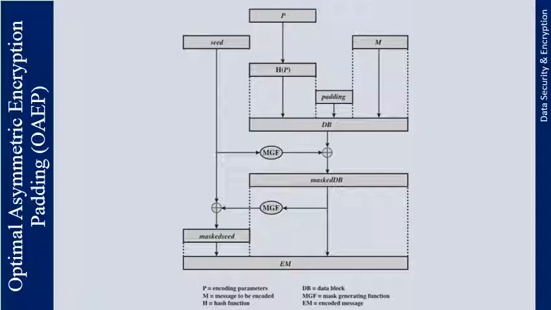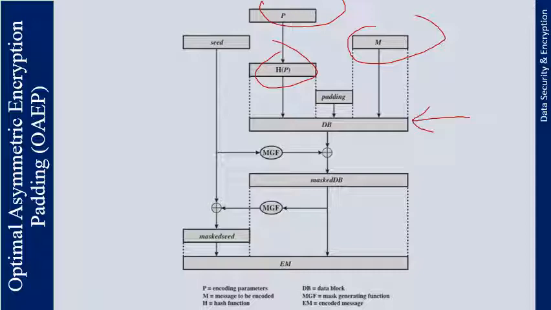As the first step, the message M to be encrypted is padded, and a set of optional parameters P is passed through a hash function h of P. The output is then padded with zeros to get the desired length in the overall data block DB.